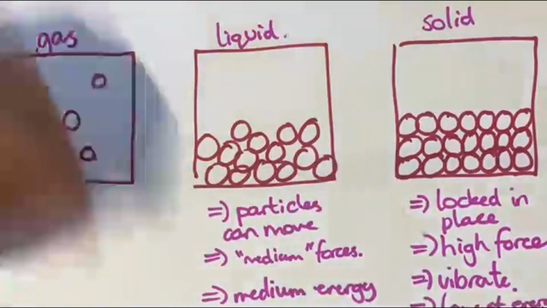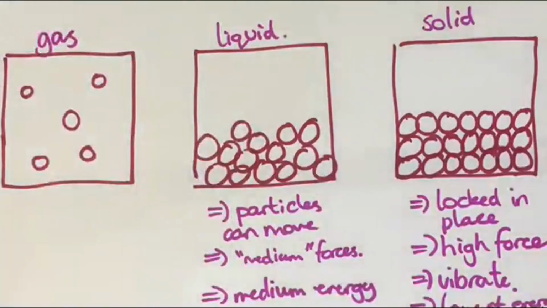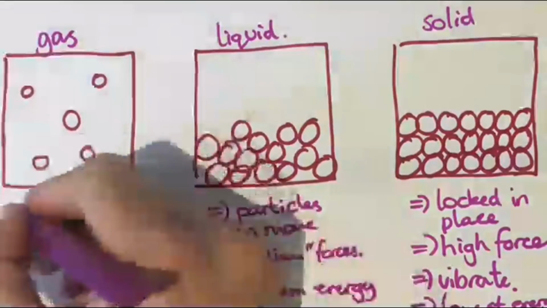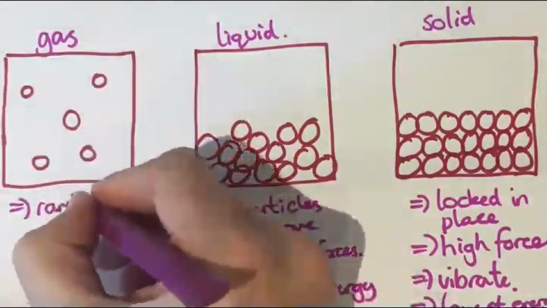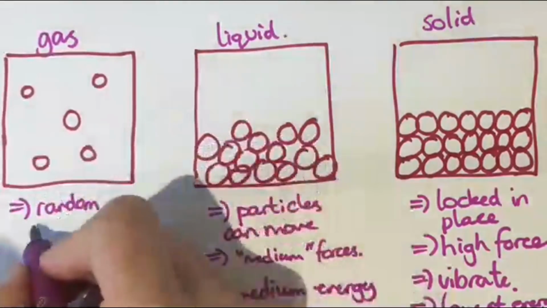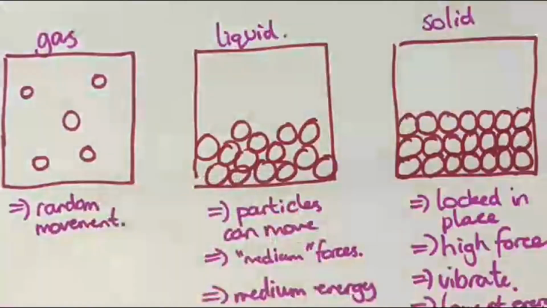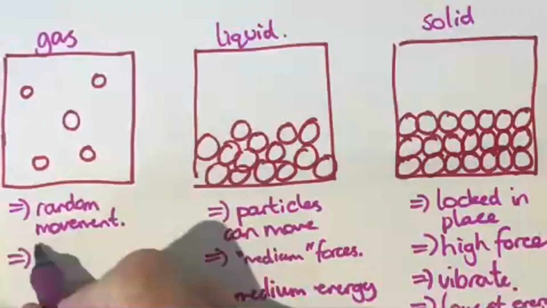What happens is the particles bounce off one another, and they bounce off all over the place, so they have random movement. They also have no forces.